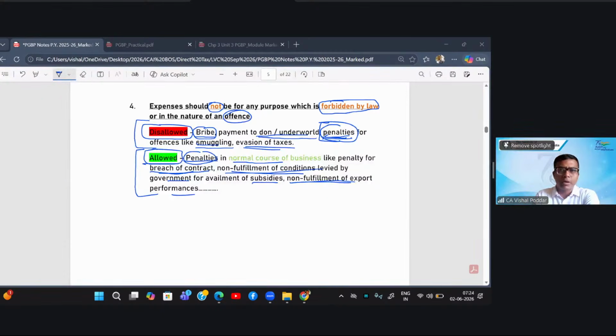Similarly, payments like bribe, or like somebody has asked me what this underworld payment means. See, I gave you an example of why this particular point came. This whole condition came because there was a famous film star who was threatened by underworld people to give protection money, and that person paid the protection money and claimed it as deduction.